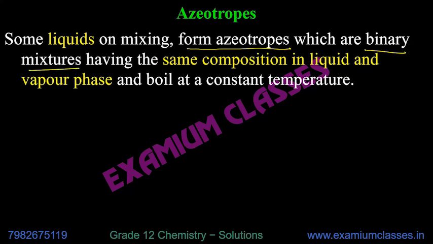Binary mixtures having the same composition in liquid as well as vapor phase and boiling at constant temperature. These are interrelated. If they have the same composition in vapor phase and liquid phase, they will boil at the same temperature. Only then is it possible that they will have the same composition. Understand what it means.